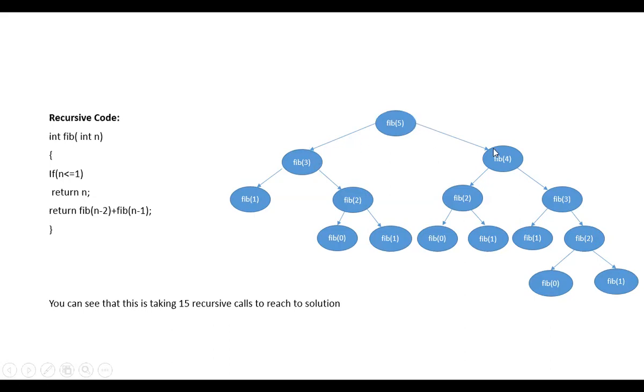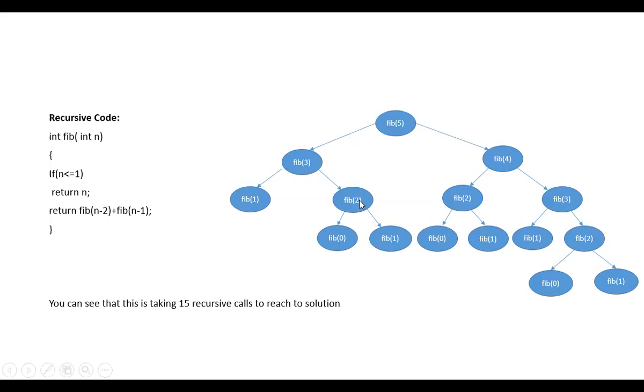So this is a recursive call. And now this Fibonacci 3 will make two more recursive calls, Fibonacci 1 and Fibonacci 2. When this Fibonacci 1 is called, it will not call any other function, because n is less than or equal to 1, and it will simply return n, meaning it will return 1.